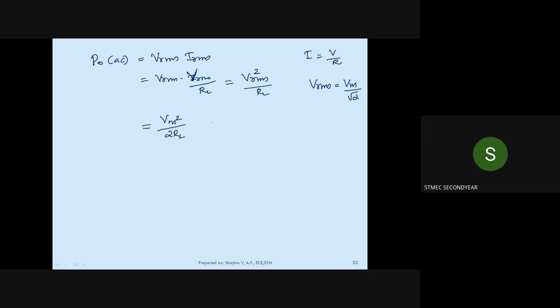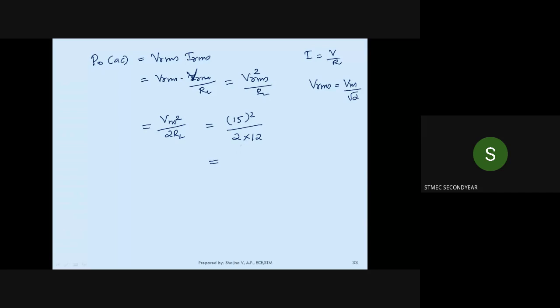So VM is equal to 15 volt. So 15 square divided by 2 into RL, where RL is 12 ohm.